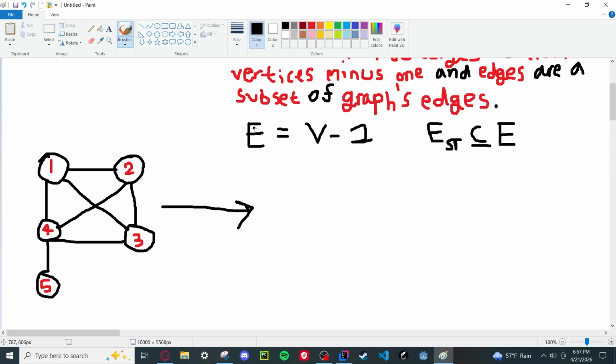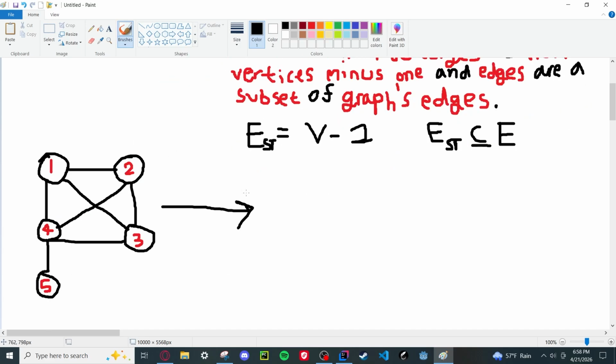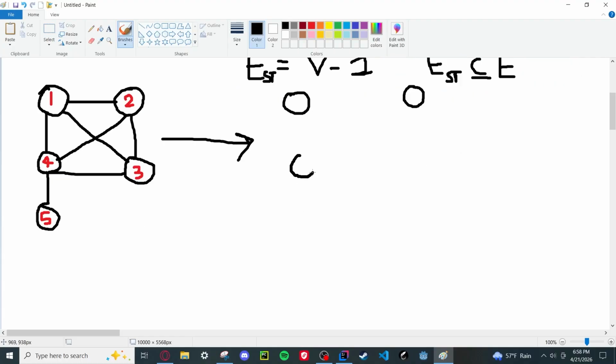And I use ST to represent spanning tree. Okay, but what do I mean? So let's take a spanning tree of this. I need all of my vertices: 1, 2, 4, 3, and then lastly 5.